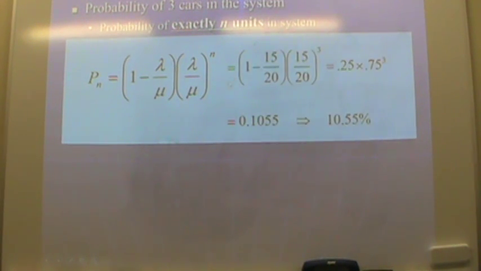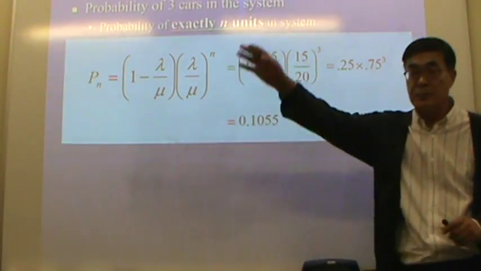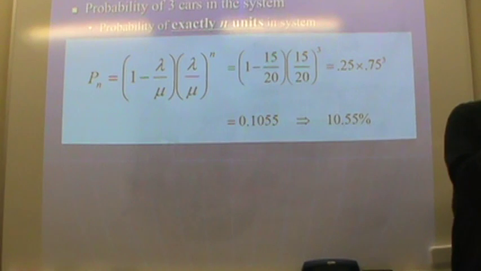So probability of 3 cars in the system, 0.25 times 0.75 to the third power equals 0.1055, so 10.55%. The probability of 3 customers in the system is 10.55%.